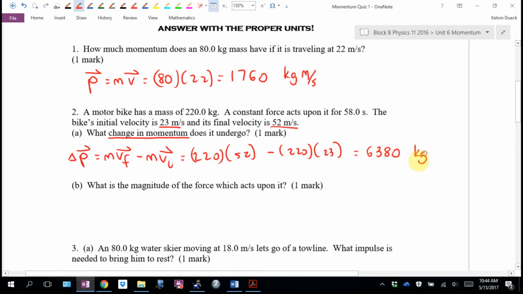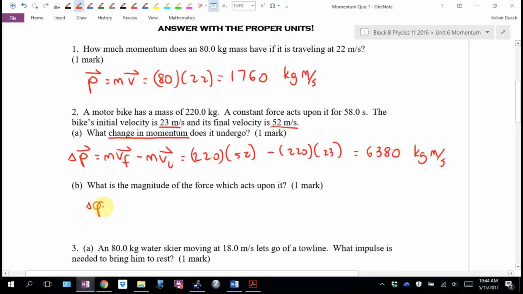Yep. And again, I would also accept Newton seconds, because that's also what it is, but I used mass and velocity, so I'll go with that. B says, what's the magnitude of the force? Again, I could find the force by going F equals ma and then going A equals Vf minus Vi over T and sticking it all in there. But the fact that I have the impulse gives me a nice shortcut.